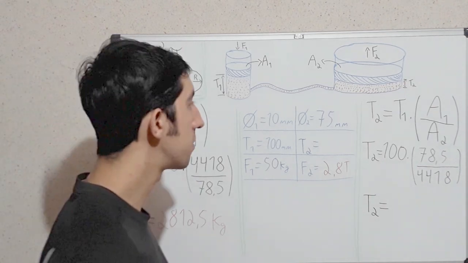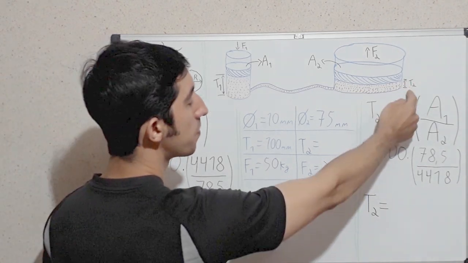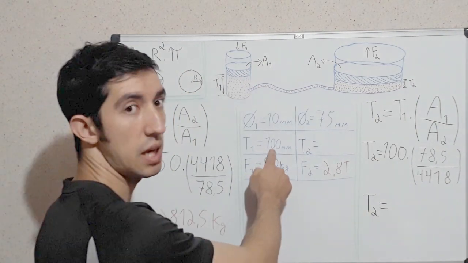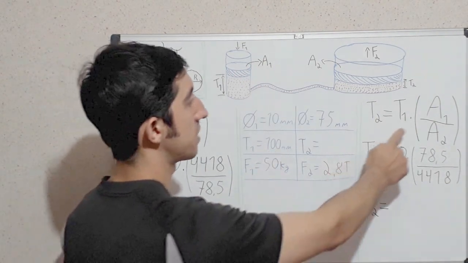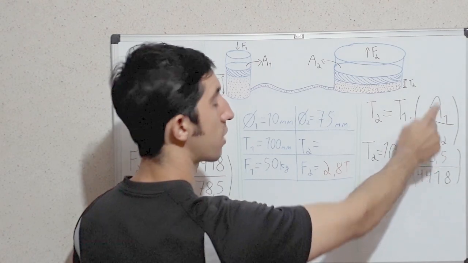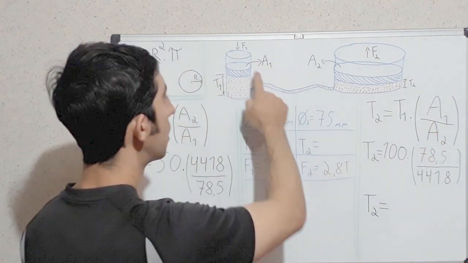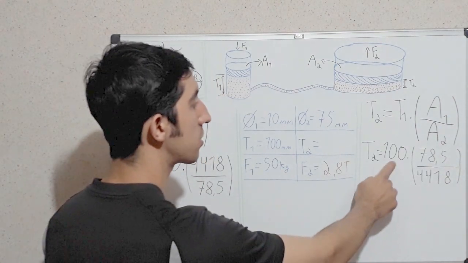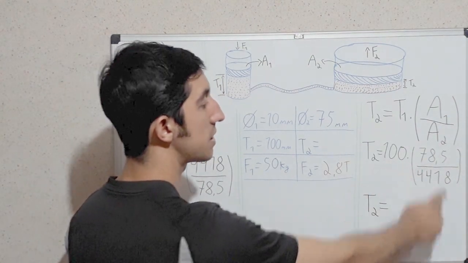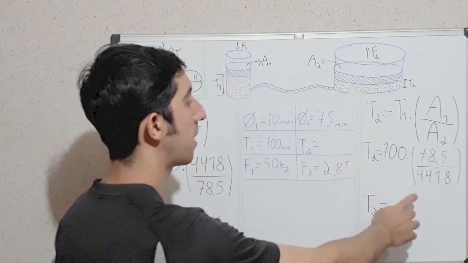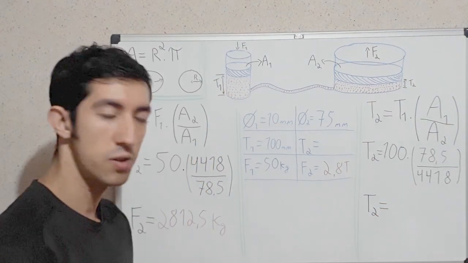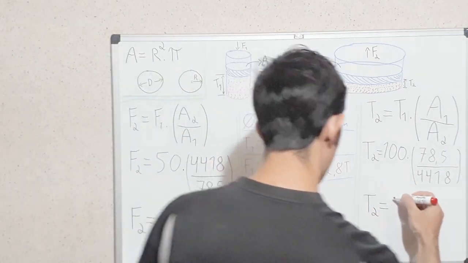So here we have travel 2 equals travel 1, which we have here is 100 millimeters, times area 1 divided by area 2. So 100 times 78.5 divided by 4,418.